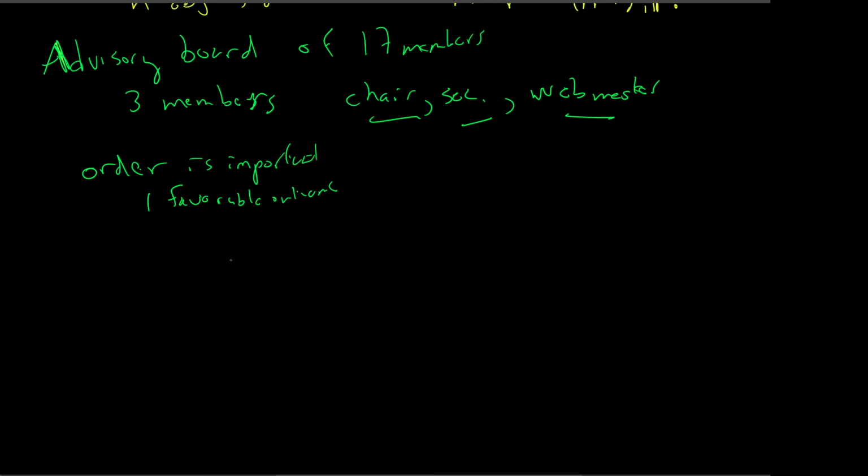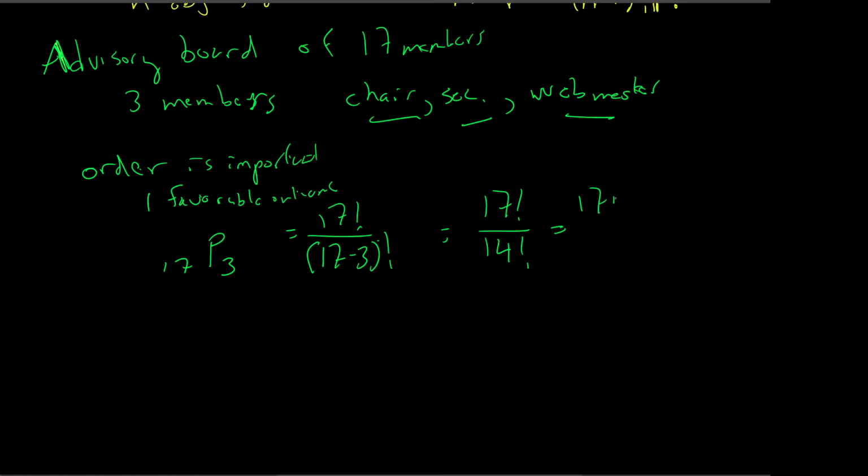So, the number of ways I can fill these positions are 17 pick 3, which is 17 factorial over 17 minus 3 factorial, which is 17 factorial over 14 factorial, or 17 times 16 times 15.